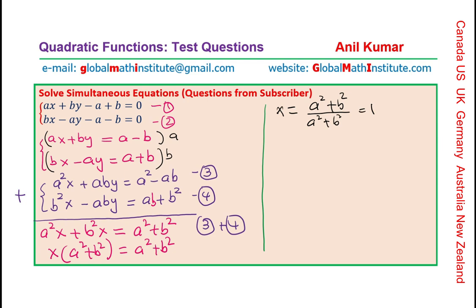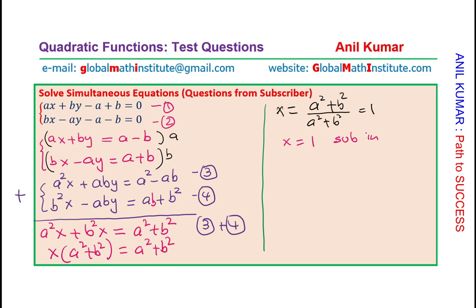Since x is 1, we can substitute this value, x equals 1, into, let's say, our equation number 1 itself. So I'm substituting x equals 1 in our first equation to get the value of y, right?